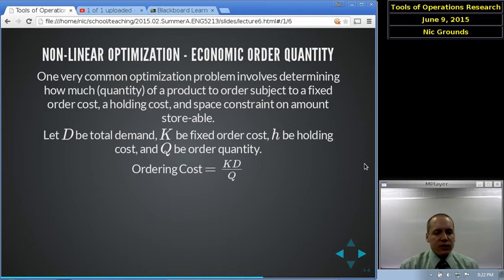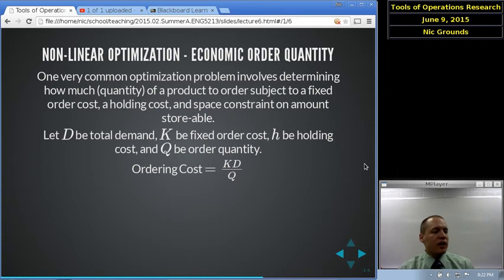So here's just a few simple equations. The ordering cost, that is the fixed order cost, is going to be K, the fixed order cost, multiplied by D over Q. D being the demand, Q being how many items we order each time. So D divided by Q is how many orders we'll make.